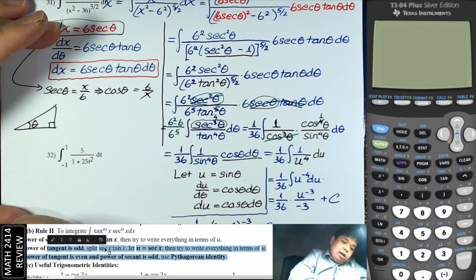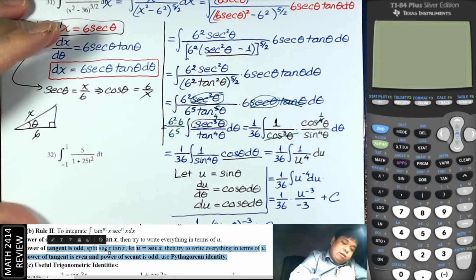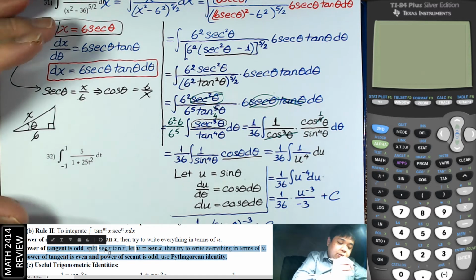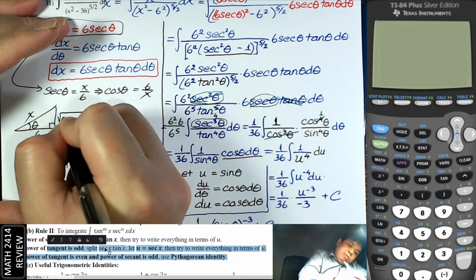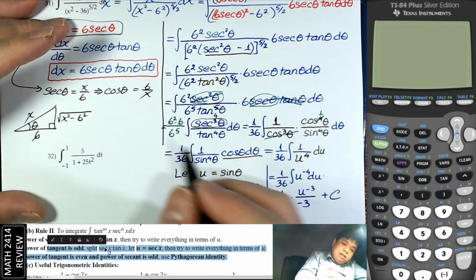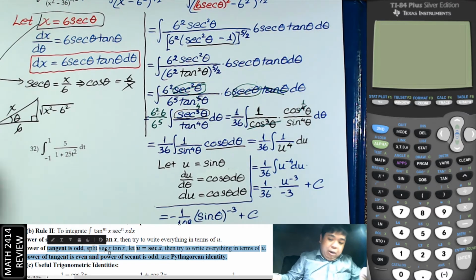Cosine is adjacent over hypotenuse, so opposite would be the square root of x squared minus 6 squared. And sine is opposite over hypotenuse.